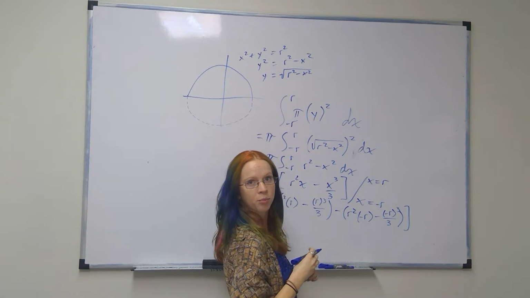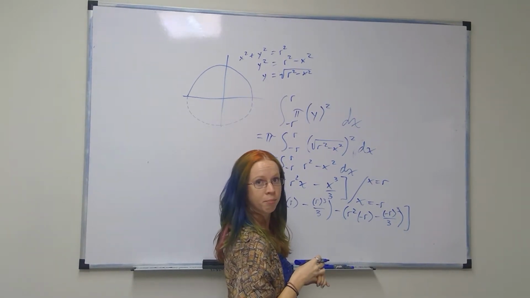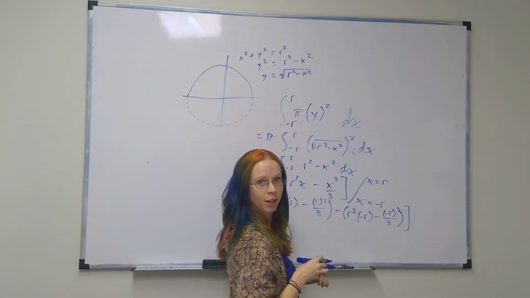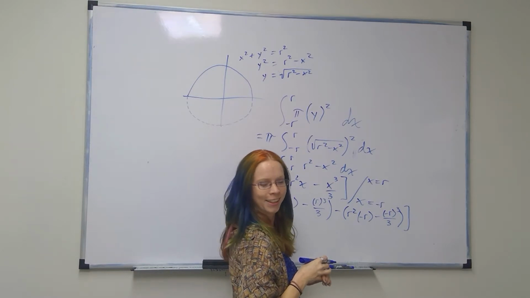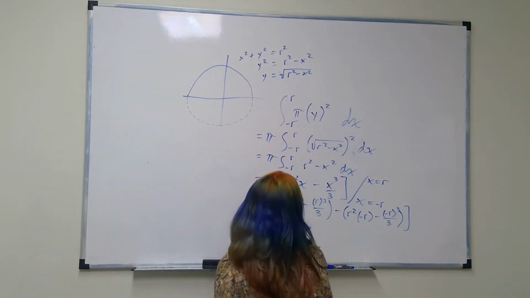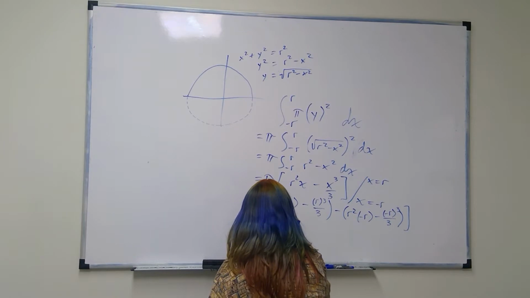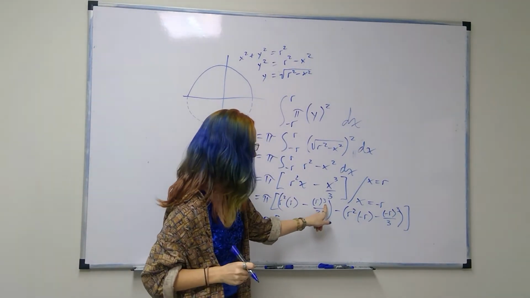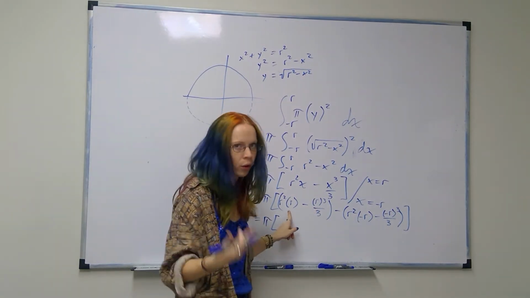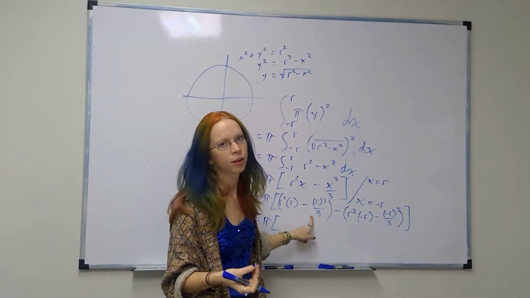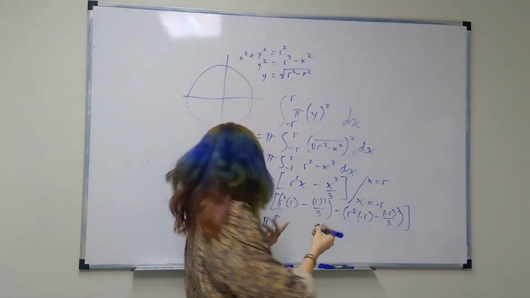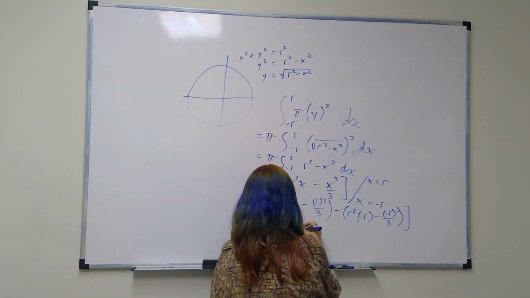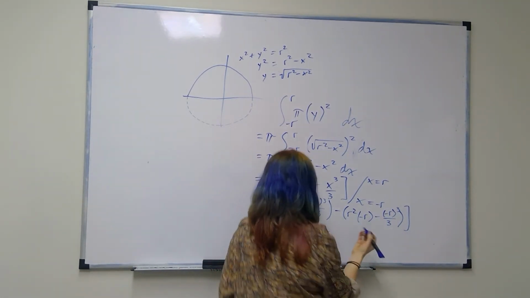And why don't we have to write plus c when we're evaluating bounded integrals? Because it cancels. Cool. Okay. All right. This is r cubed. This is also r cubed. This is a whole r cubed minus r cubed over 3. So that's 2/3 r cubed minus.